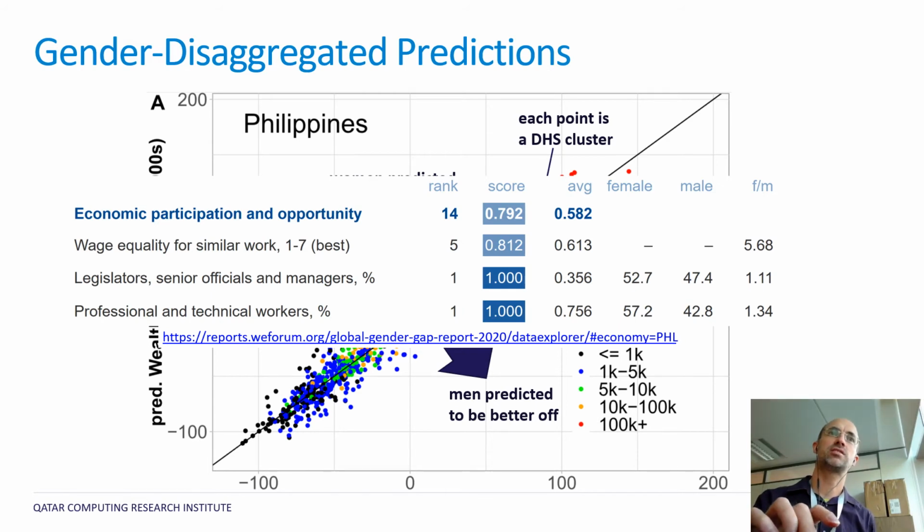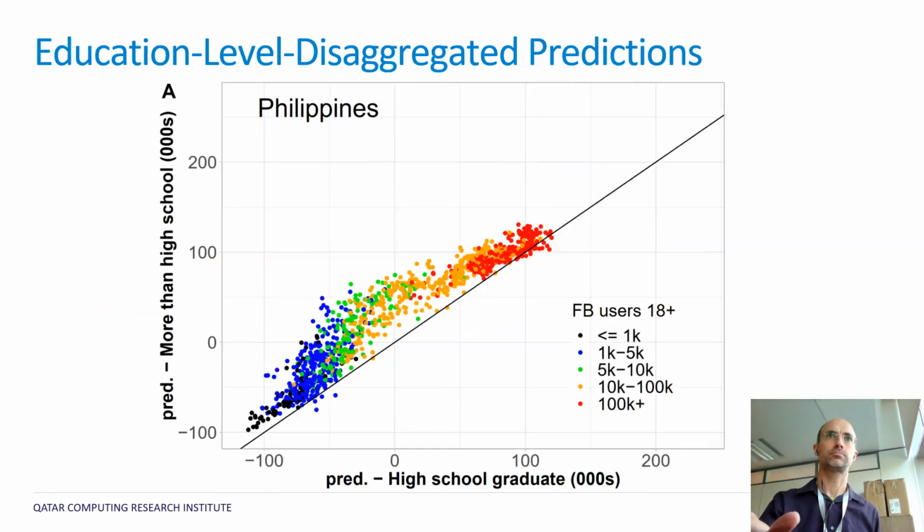For professional and technical workers, there are actually more women than men. And similarly for legislators, senior officials, and managers, there are more women than men. So it's at least plausible that in terms of this wealth index, women are generally doing similarly to men in the Philippines. But again, we don't know for sure.